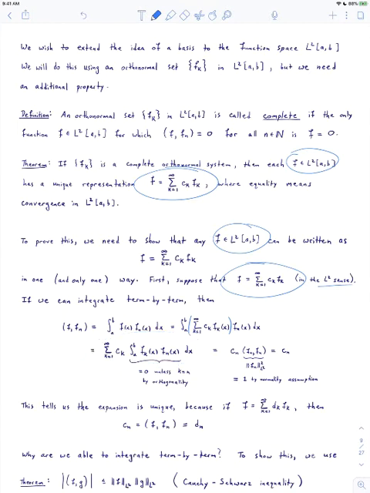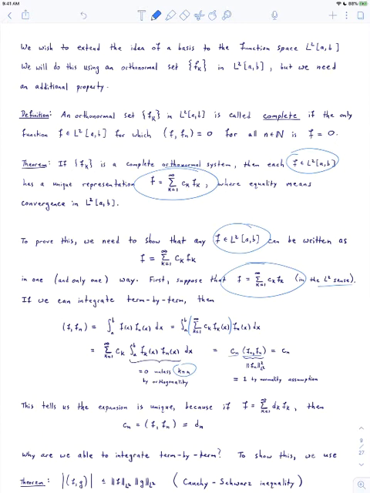Now, our assumption is that the fk's are an orthonormal system. So that means that this integral is equal to 0 unless k is equal to n. So in that case, this infinite sum only has one non-zero term. Every term is 0 except for the one where k is equal to n. So you just end up with one term when k is equal to n. So then you just have Cn times fn. But that's the norm of fn, or the norm squared, the L2 norm squared.